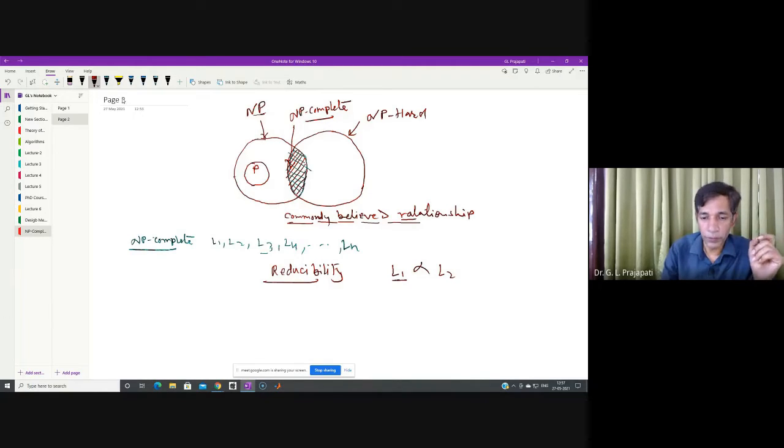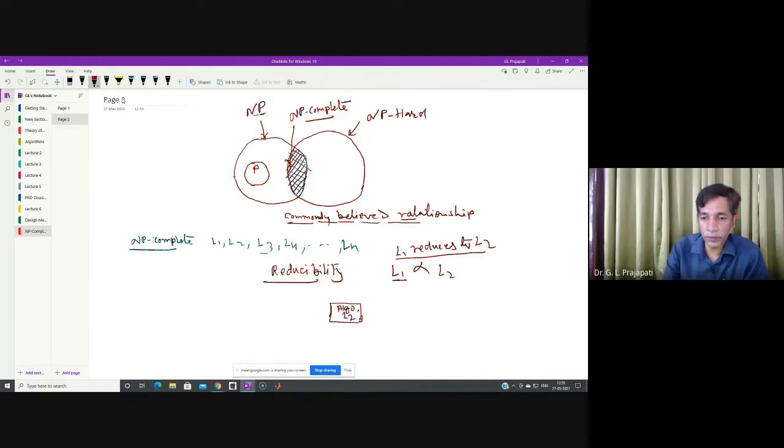This means we have the algorithm for L2.